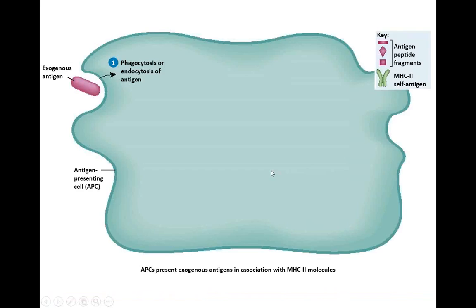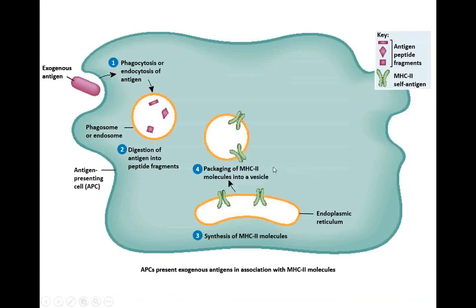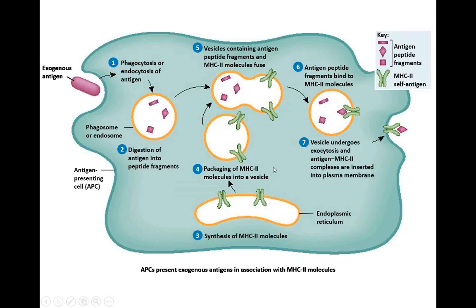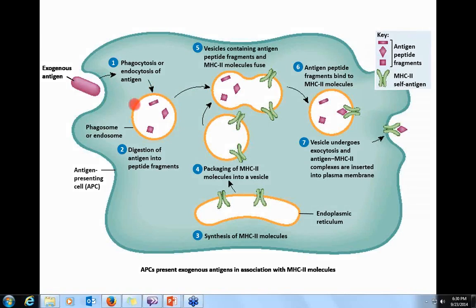Let me click through this. Okay. Here we have an exogenous antigen. Exogenous means it comes from outside your body. This could be like the cold virus. So, let me put on my magic spotlight. So you engulf the antigen, and then you digest it into smaller fragments.